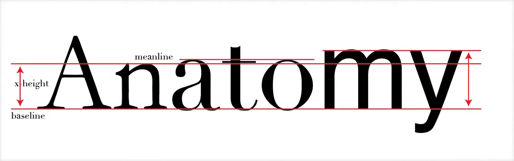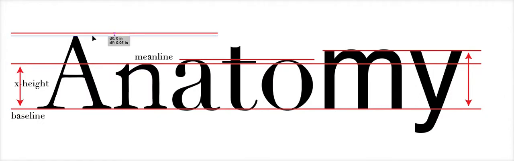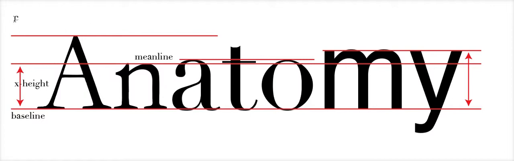And I'm going to draw in another line here at the top of the A. I'll get it close down. And that is the cap line. As you might imagine, the cap line is a visual horizontal that allows us to understand that there is a measurement from the top to the baseline, and that is called the cap height.